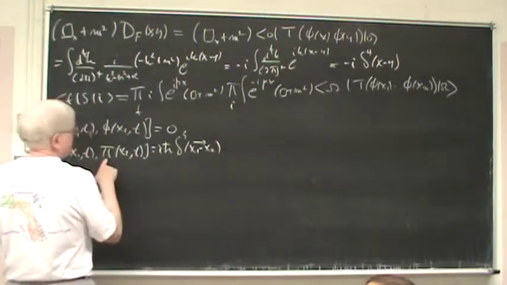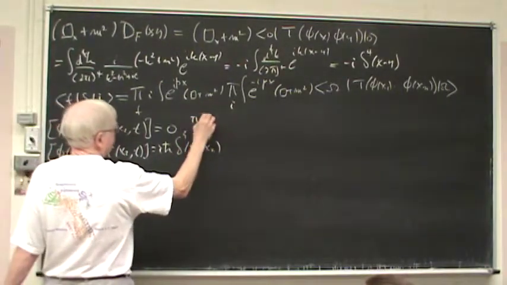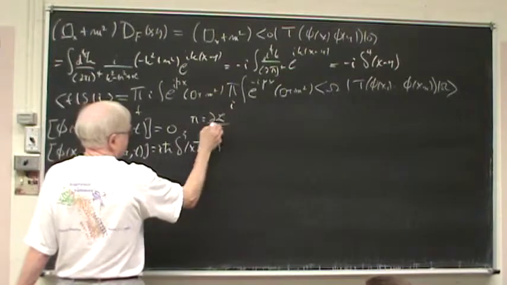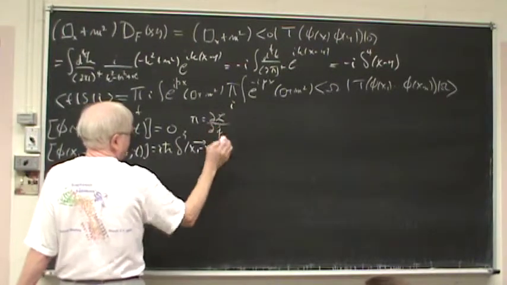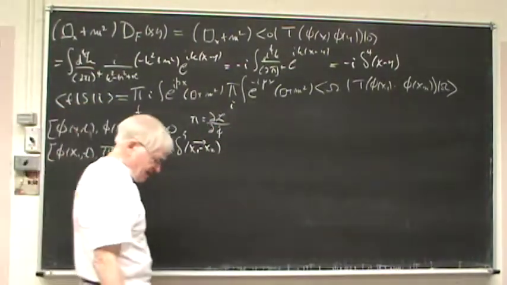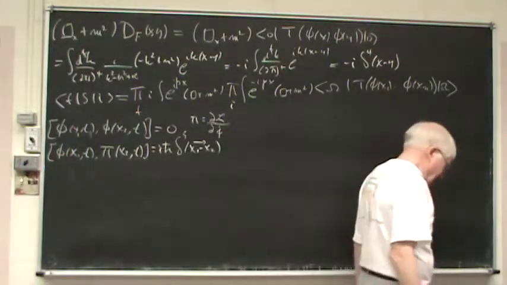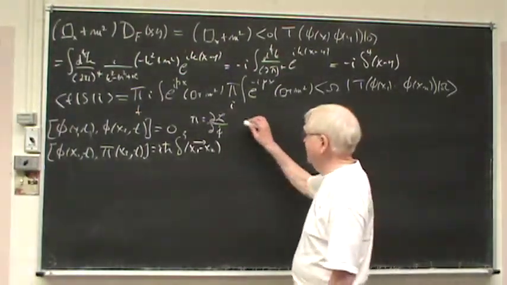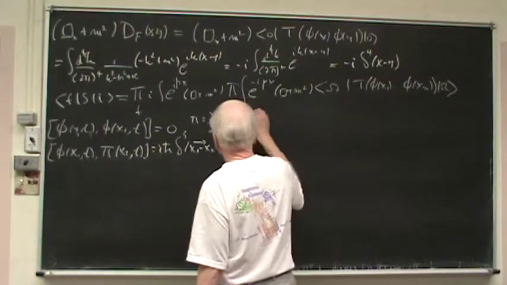And of course, what is pi? Pi is the partial of the action density with respect to phi dot. And in most scalar field theories, that is nothing more than phi dot itself.